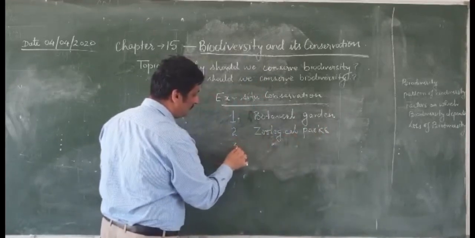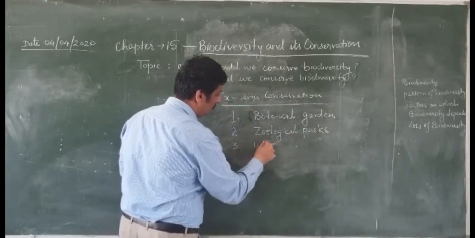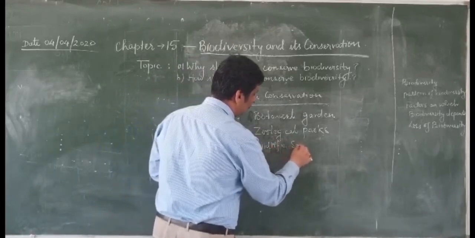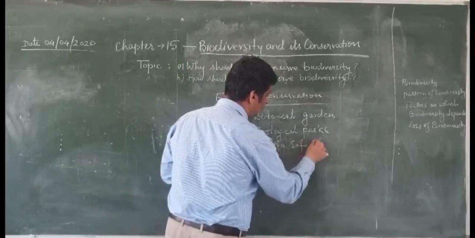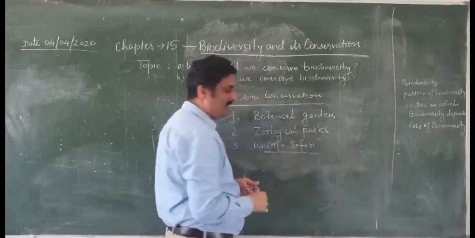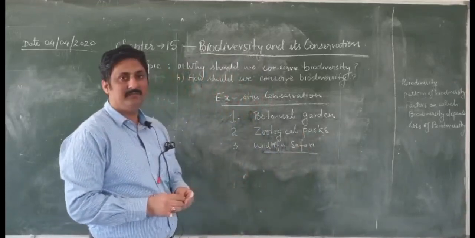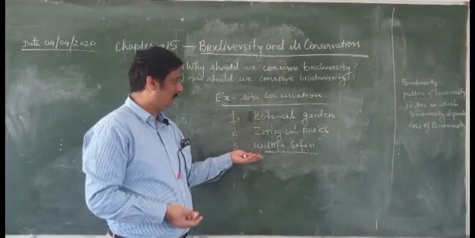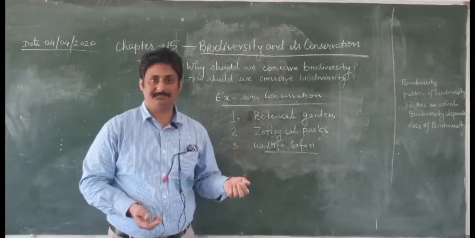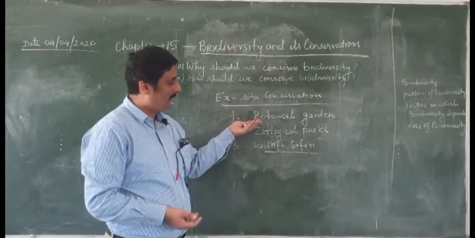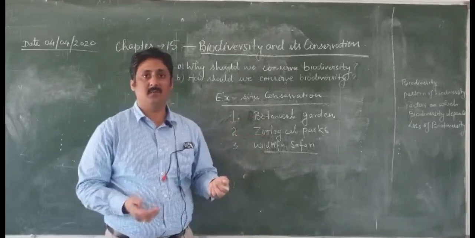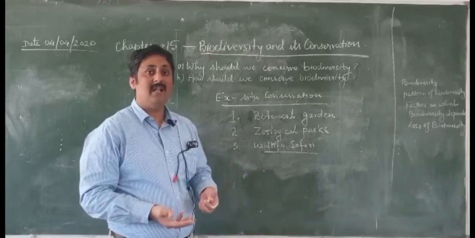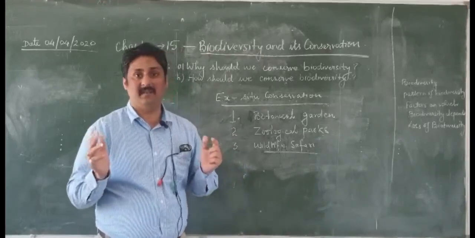And the third one is wildlife safari, in which animals are protected. So these are the three examples of ex situ conservation, where animals and plants are protected under special conditions, but that is not their natural habitat.